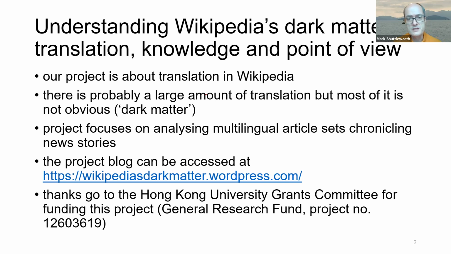You sort of suspect it's there, but you don't know where it is, or how much translated material is in a particular article until you dig beneath the surface and try to discover it. And this is why we refer to translation in Wikipedia as dark matter. You know it's there, but you're not quite sure exactly where it is or how much of it there is.